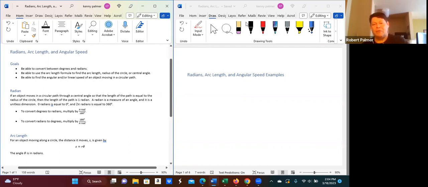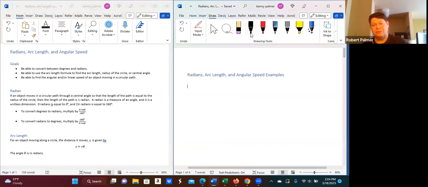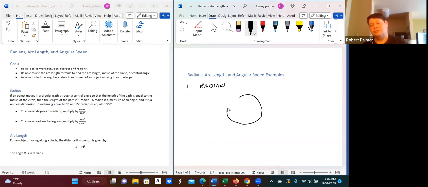Okay, let's go to the right and explain that. Let's say we have a circle. We have what's called a central angle, meaning an angle starting from the center of the circle. Let's say this is our radius, r, and this angle is theta.